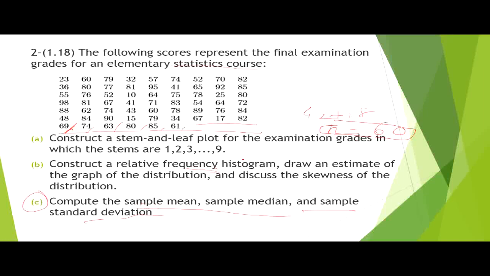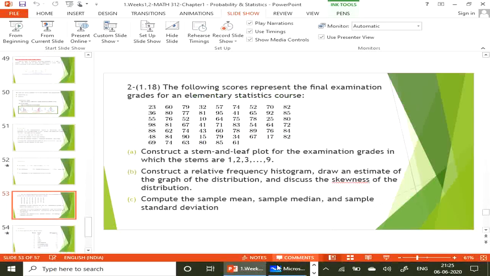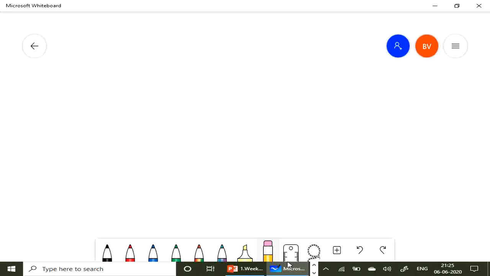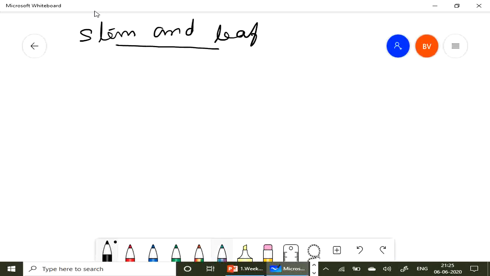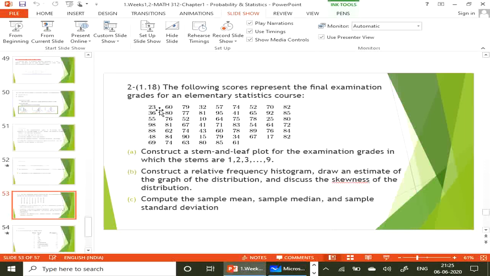Now you need this data in front of you, so that I can write the stem and leaf here. Stem and leaf, isn't it? So what is the data set? Always you should refer to the data set. From the data set you should know what is the minimum value.